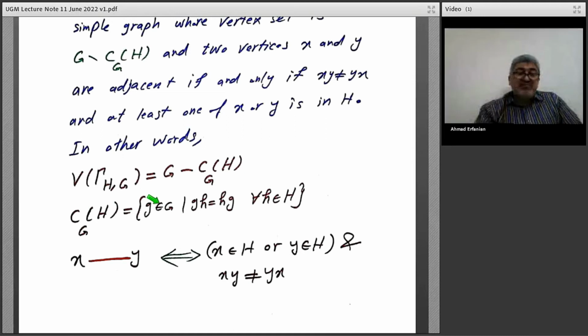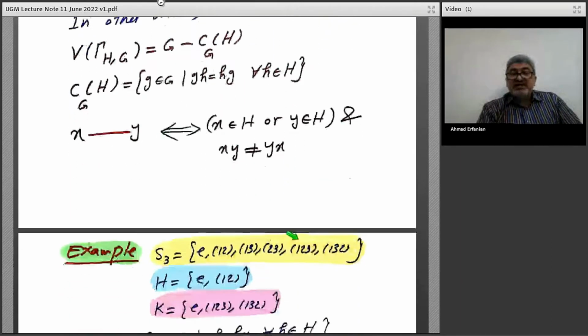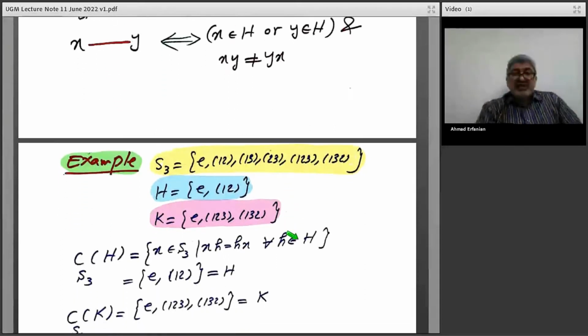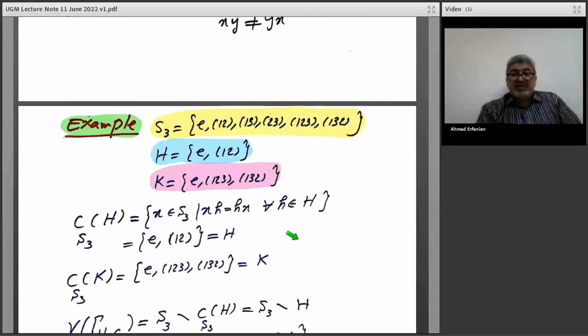So as I mentioned, the vertex set is G minus the centralizer of H in G, and this is the definition of the centralizer of subgroup H in G, which is the set of all elements g in G such that gh equals hg, so g commutes with h for all elements h in H. And X is adjacent to Y if and only if two conditions hold.